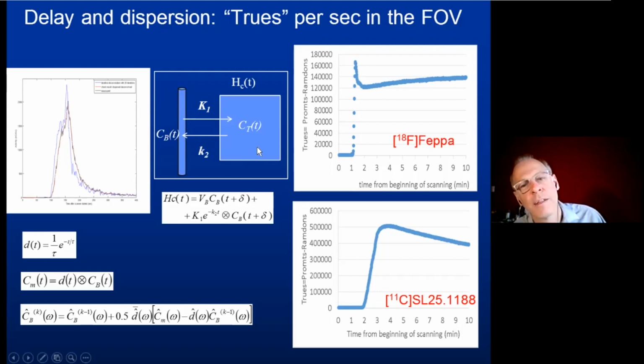I say that the head curve can be fitted as a one tissue compartment model, using as input the activity in blood corrected by dispersion. So this is what I measure with the ABSS, and this is how the curve will be when it's free of dispersion. And I model the dispersion with this equation.